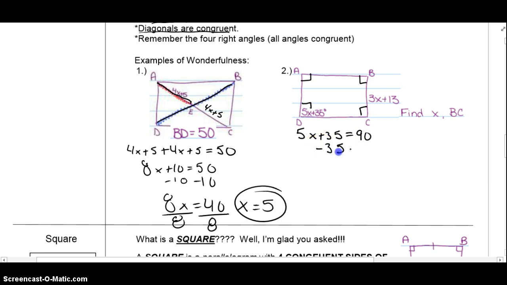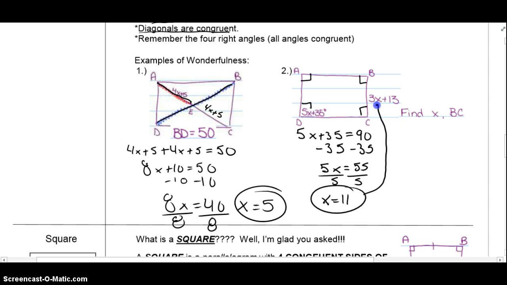Then I'm going to subtract 35 from 90, get 5x equals 55, and then when I divide, x will equal 11. Now we got to find BC. Well, that's pretty easy. I'm just going to take that 11, plug it in there for x, and whammo, I'll get what BC is. So it's going to be 3 times 11 plus 13, or 33 plus 13, which is 46. So that's what you got there for BC.